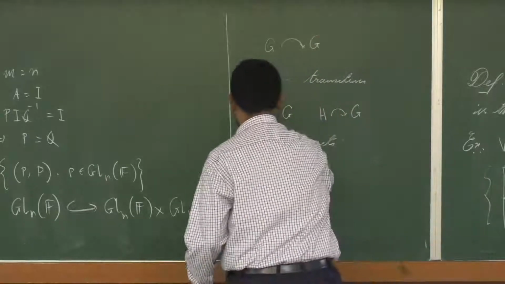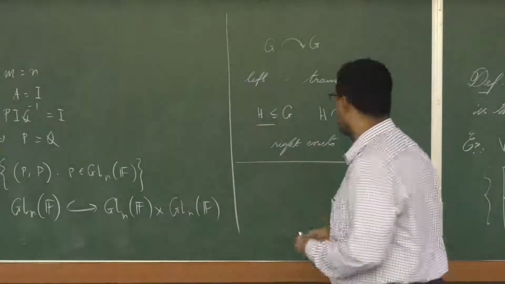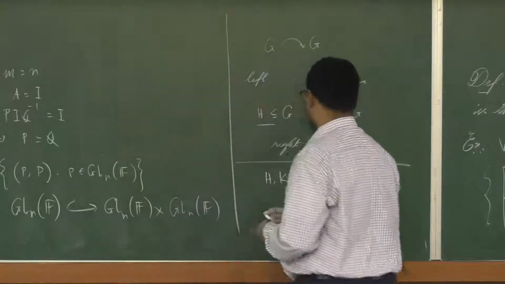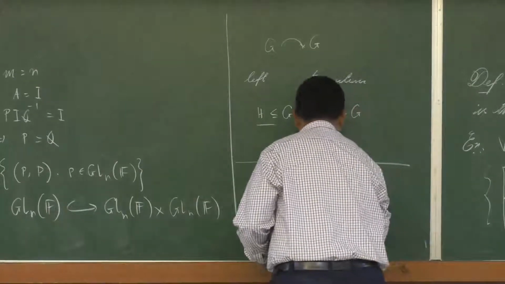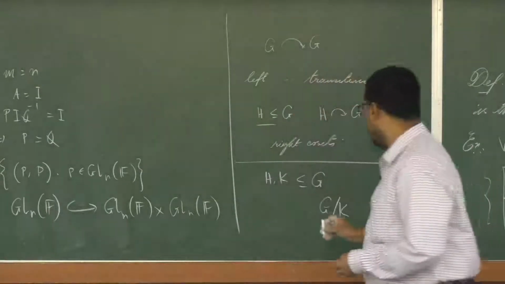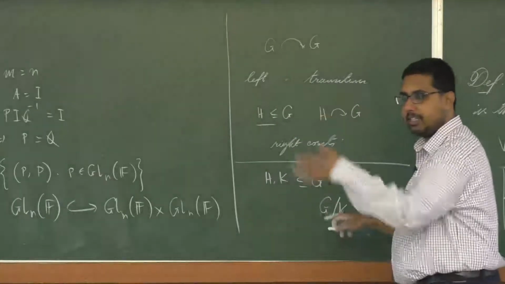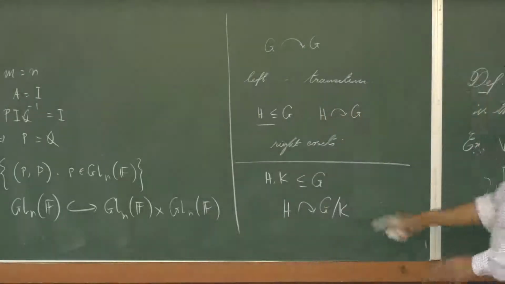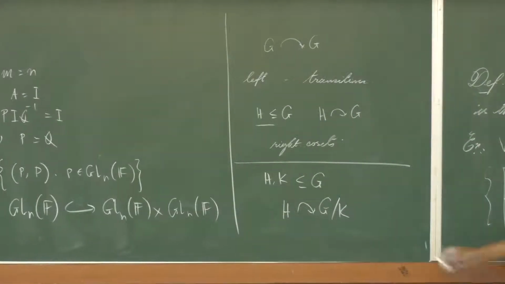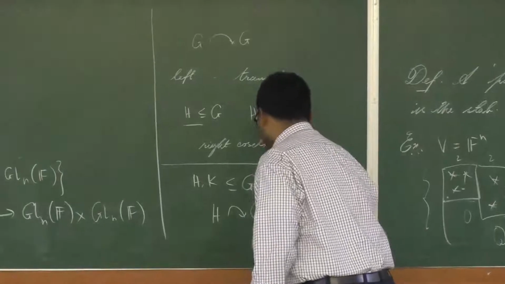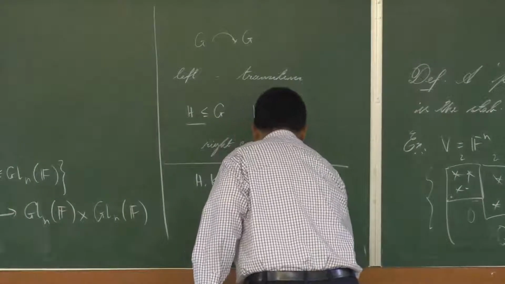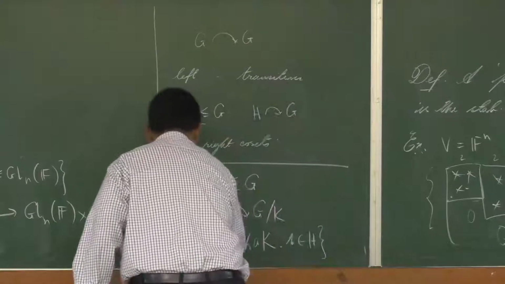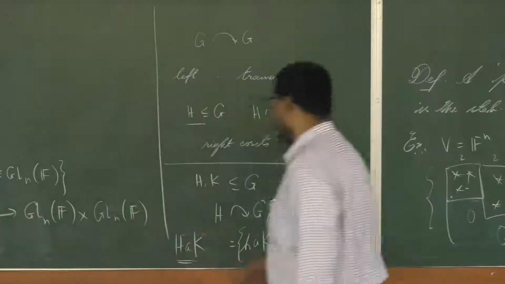Now let's go for the actions on the cosets. Let H, K be subgroups of G. Consider the set of all left cosets of K in G, and of course G acts on that, but we restrict that action to H. So in this action, what are the orbits? Given a coset aK, its orbit is precisely of this form, H aK. These objects are called double cosets.